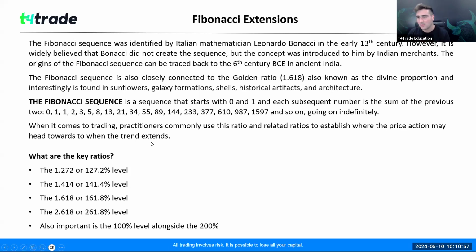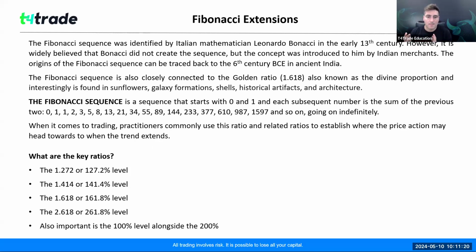Now, when it comes to trading, once again, practitioners commonly use these ratios and related ratios to establish where the price action may head towards when the trend extends. Mainly because if we have an instrument that has reached, for example, a fresh record high, there is no record of it before at that kind of level.